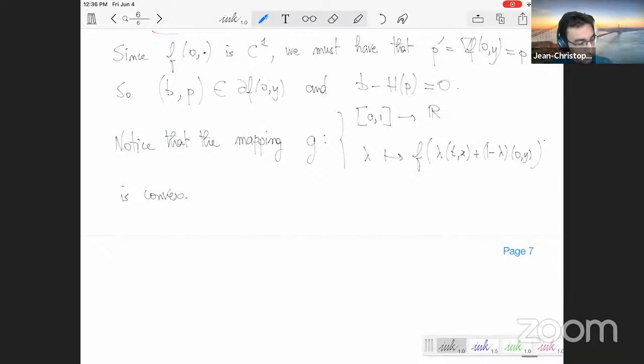Okay, so recall, for the derivative at 0, we are near (0, y). So I want to use this.